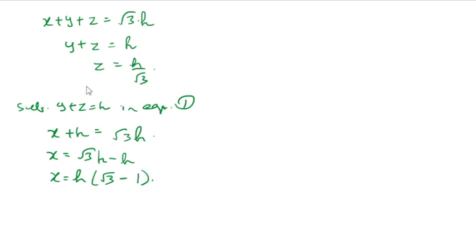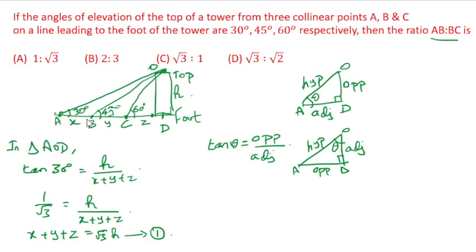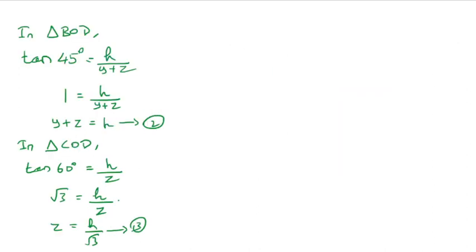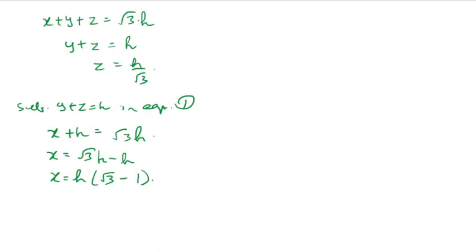And then we need to find the value of y, because we need the value of AB and BC. So to find y, we substitute the value of z equals h by root 3 in equation 2.